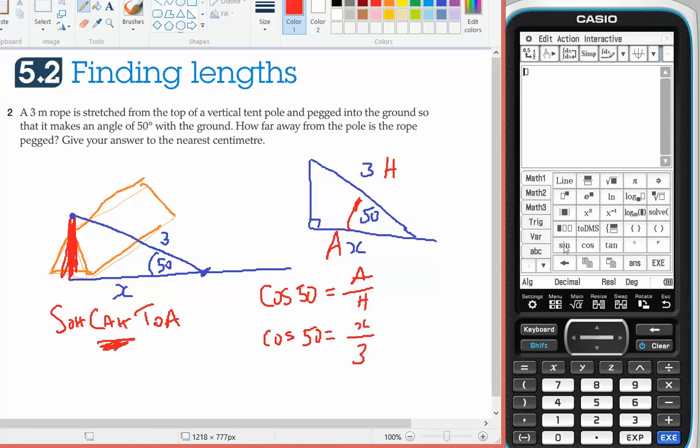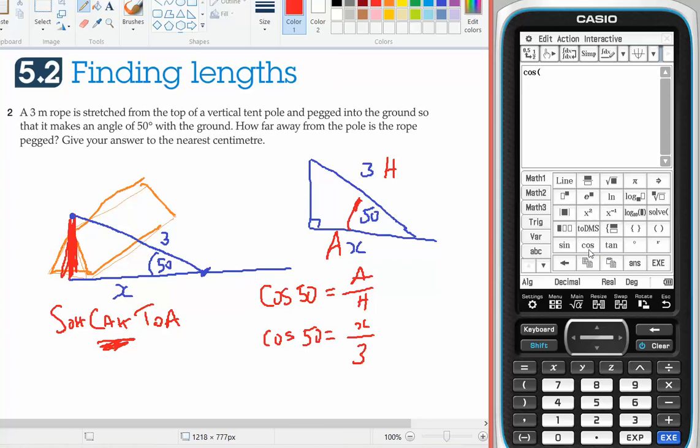So using my calculator, I've got the cosine of 50 degrees equals a fraction, on the top I've got x, and the bottom I've got 3.